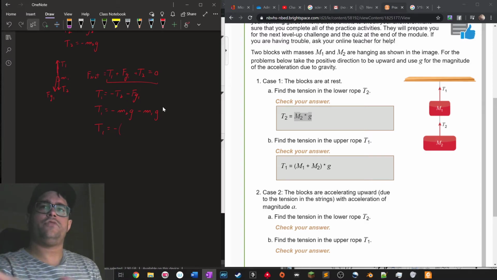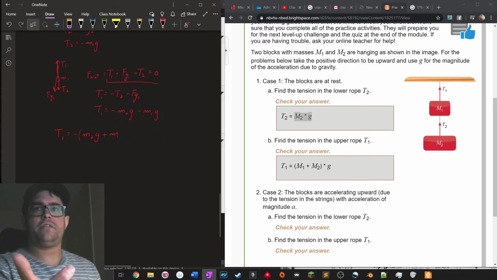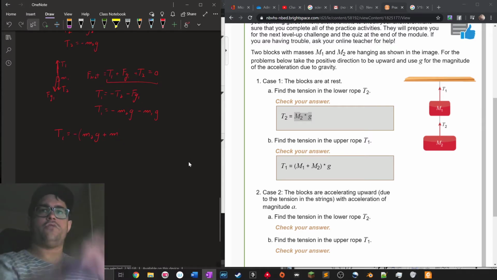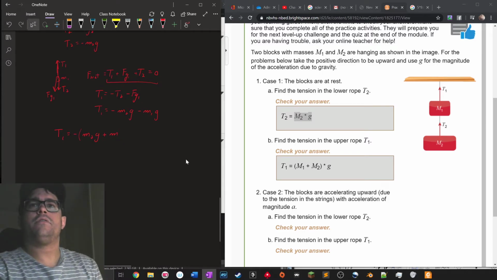And if we do that and we put the minus outside, or even G outside, you'll get it. Then we have M2G plus M1G. I'll just put the minus outside because they don't like it. And I want to kind of follow that idea.